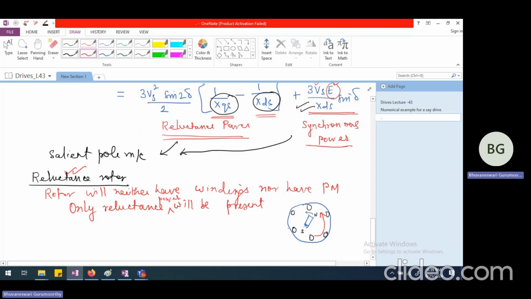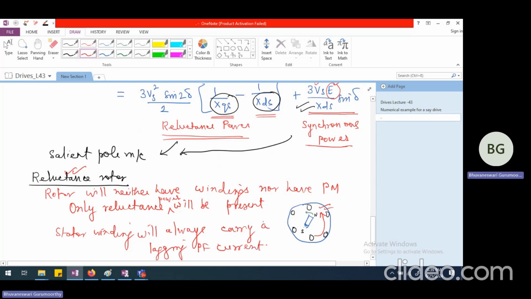And because the magnetic flux is created from the stator side itself, the stator winding will always carry a lagging power factor current.